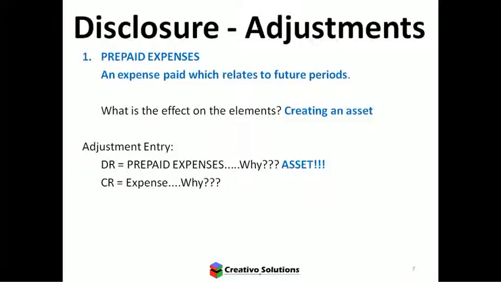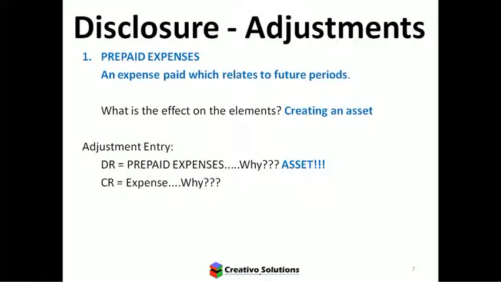I'm crediting the expense. Why do I credit the expense? Well, again, we spoke about making a payment today, but you've paid too much. A portion of it is outside the financial year. So think back to our example. 2 months was actually an expense in the current year. 10 months was outside the financial year. So is the expense too high or too low?